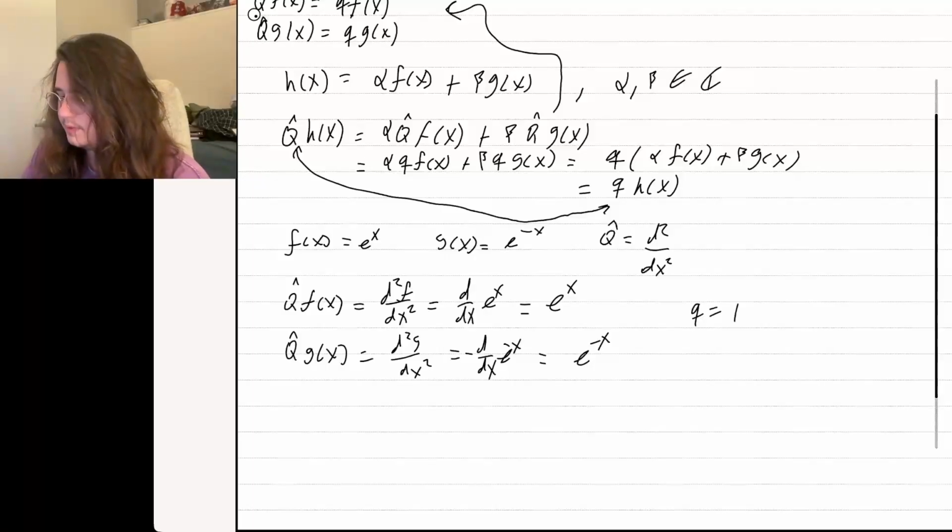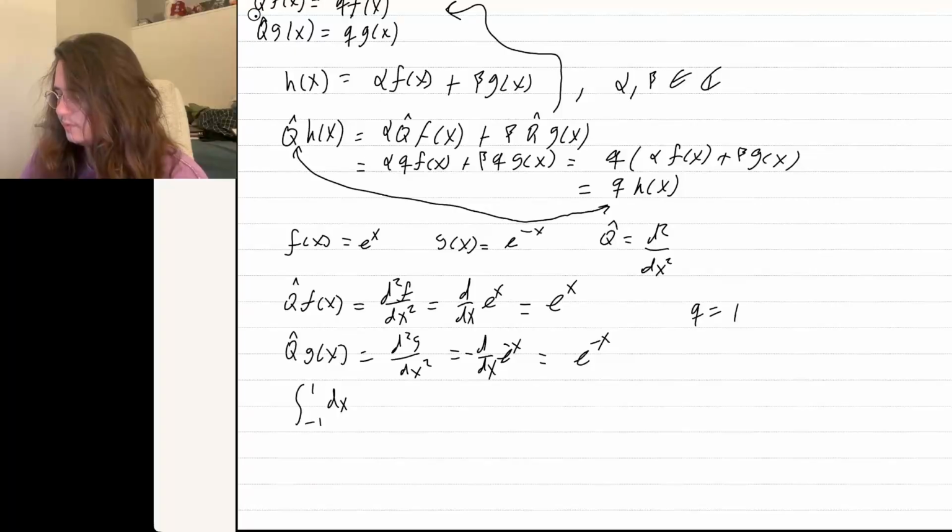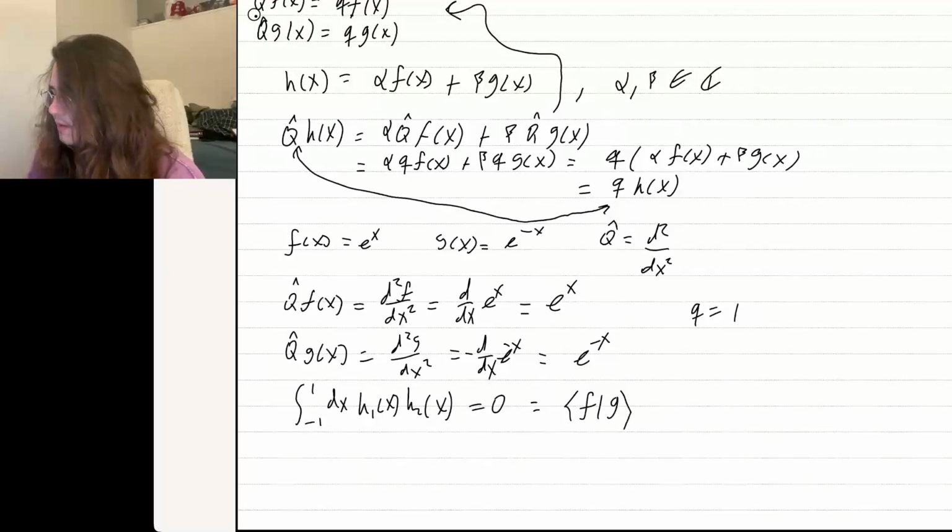So it has to be the case that the integral dx from minus 1 to 1 of h1 of x, h2 of x equals 0. And that's just another fancy way of writing the inner product of f with g, right? Or h1 with h2.